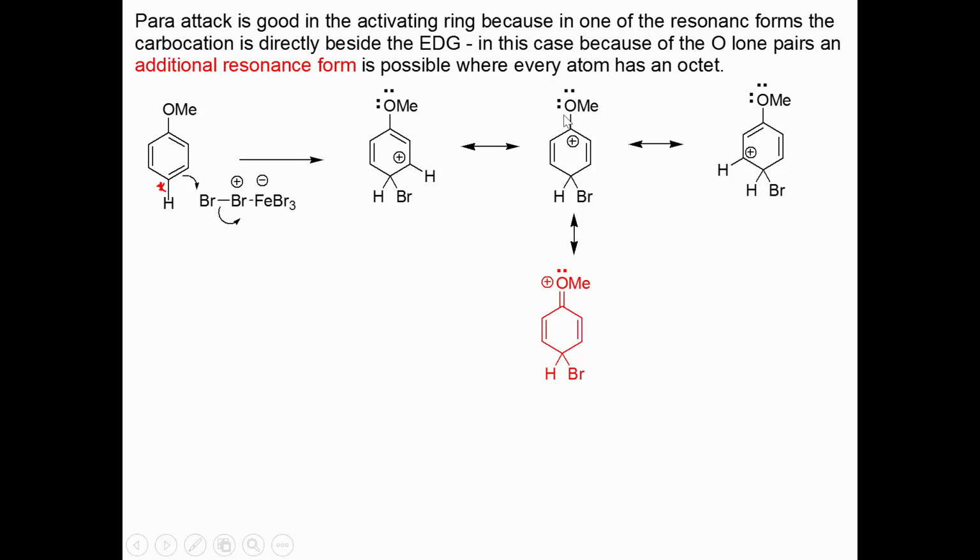Okay? And because of that, we have this resonance stabilized carbocation, and we say that attack in the para position is also favorable. All right, we have 4 different resonance structures for the intermediate carbocation, and we're going to say that this is actually the one that's the most important.